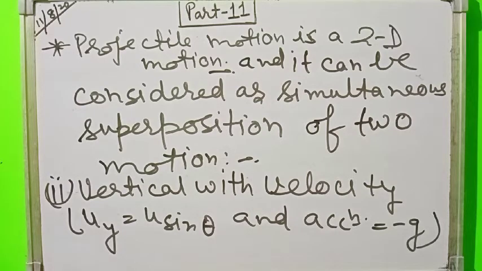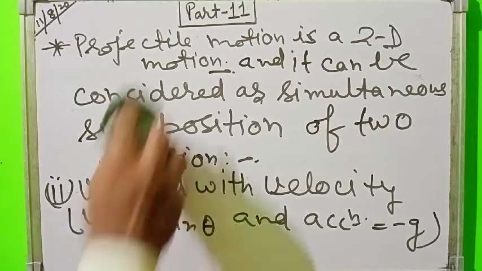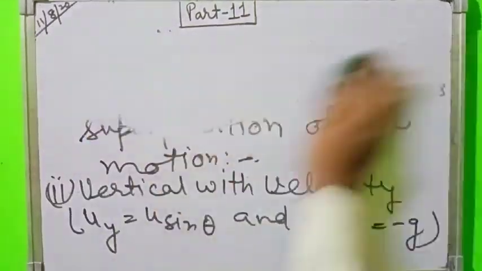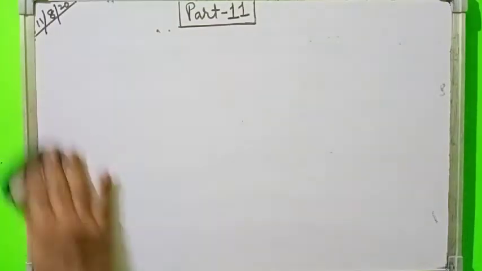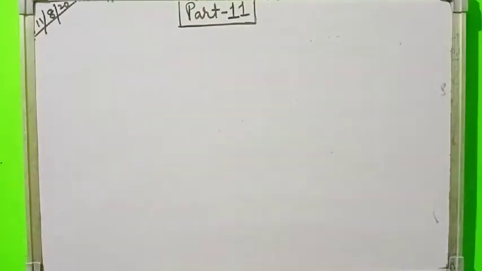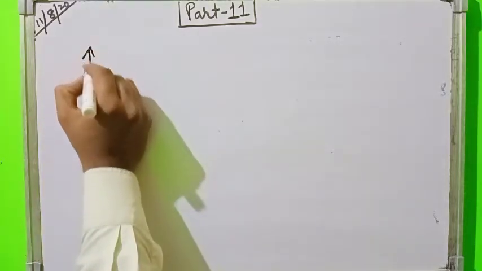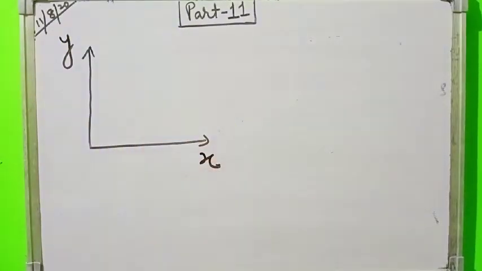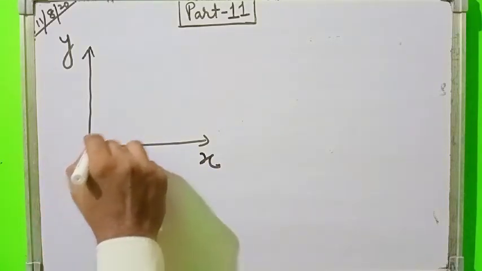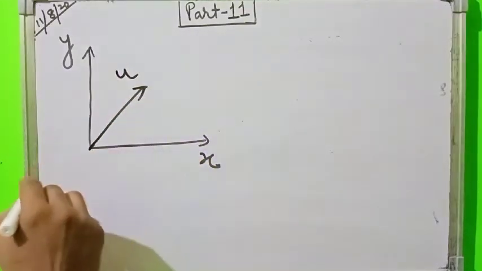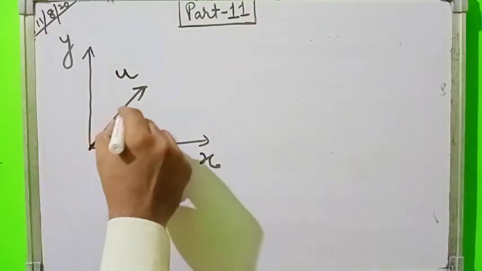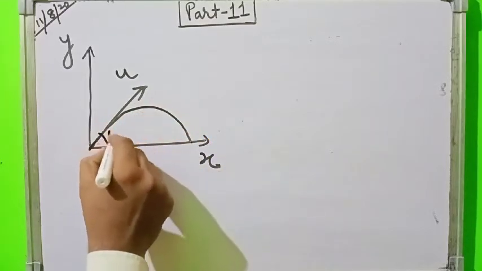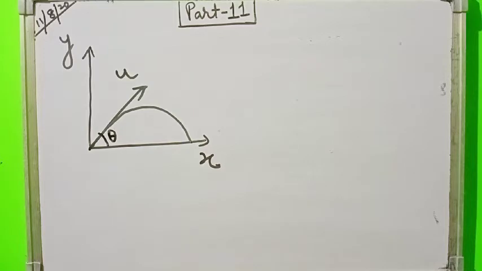So we can understand it pictorially, by diagram. Suppose this is the y-axis, since projectile motion is two-dimensional, and this is the x-axis. If we are throwing the projectile with initial velocity u, it makes angle theta with the horizontal.